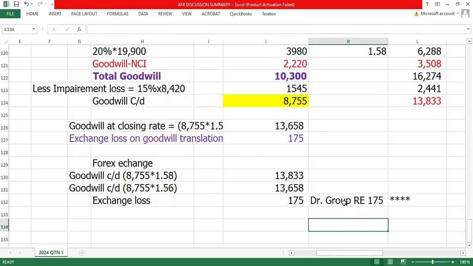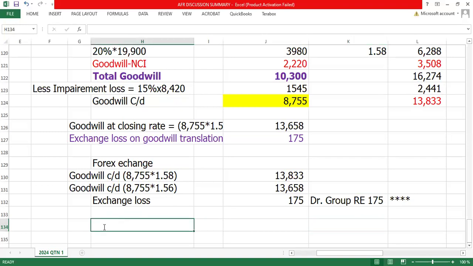So don't forget when you're doing your retained earning, include this figure, and also don't forget the impairment loss. Does it come out clearly, guys?